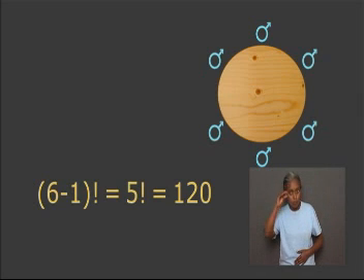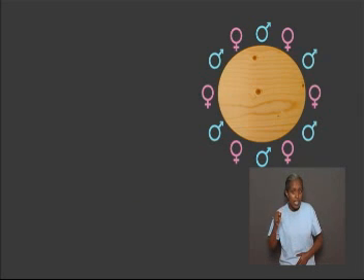Now the 6 boys can sit in 120 ways because 5 factorial is equal to 120. The girls can sit at the other 6 seats.